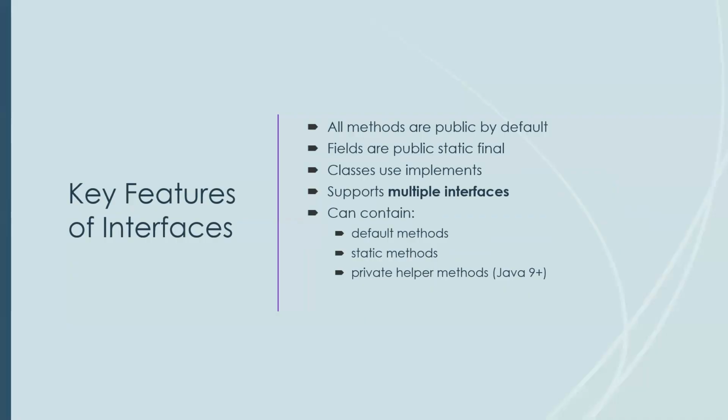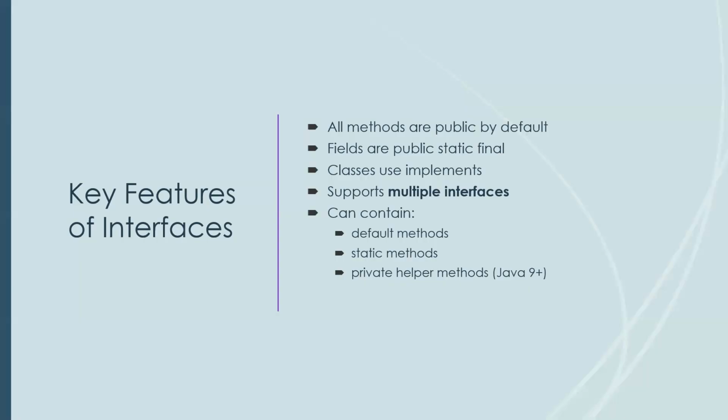But it's publicly accessible. Classes use implements. Essentially, what that means is that in order to use an interface, you have to use the implements keyword. You'll see that soon. It supports multiple interfaces. So that's that multiple inheritance I mentioned earlier.